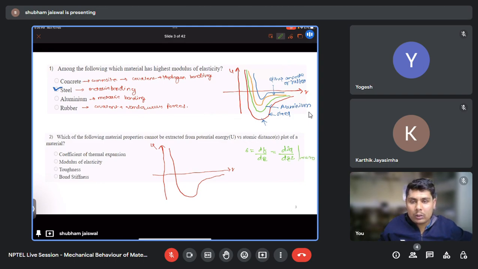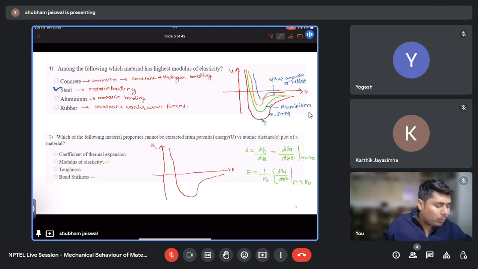Similarly, from this curve we can calculate the modulus of elasticity. The equation for modulus of elasticity is 1/r naught times ∂²U/∂r², where r tends to r naught. So these two properties we can calculate: the bond stiffness and the modulus of elasticity.